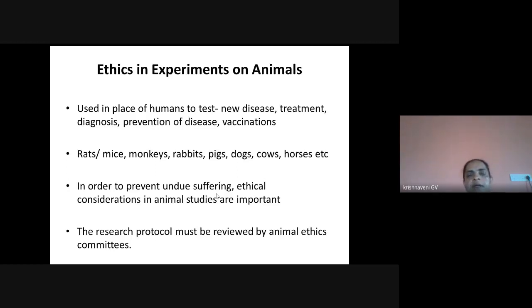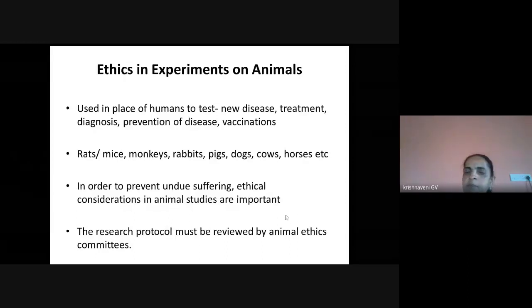That's why any studies, even if humans are not involved, any studies that involve animal participants must undergo an ethical review by an ethics committee specifically skilled in reviewing animal-related protocols. Some of you might go on for animal studies, so it will be very important to know about the research aspects and issues involved with animal experimentation.